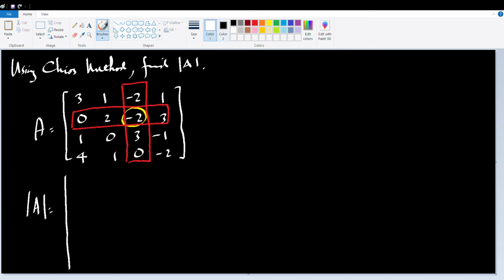For the first element 3, these will be the entries of the 2 by 2 determinant that will replace it.